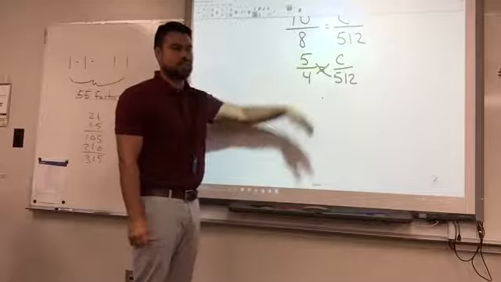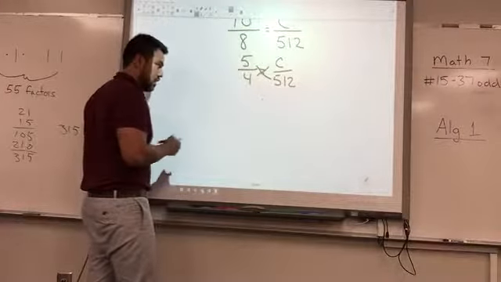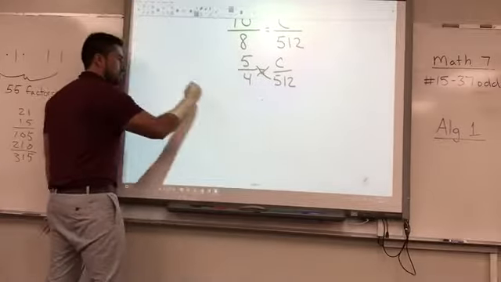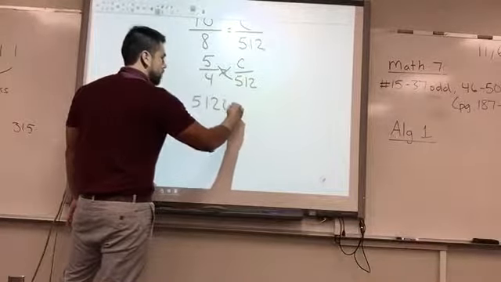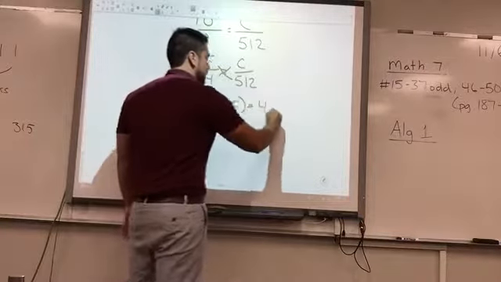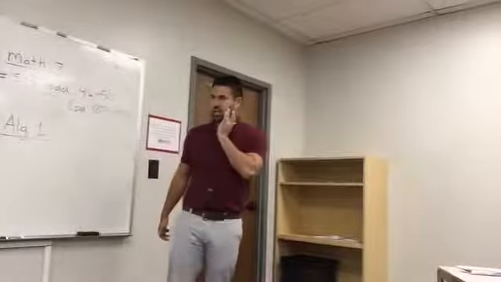You're just dealing with the fraction itself. Okay, so 512 times 5 equals 4 times C. Go ahead and solve for C, 4C, I should say.